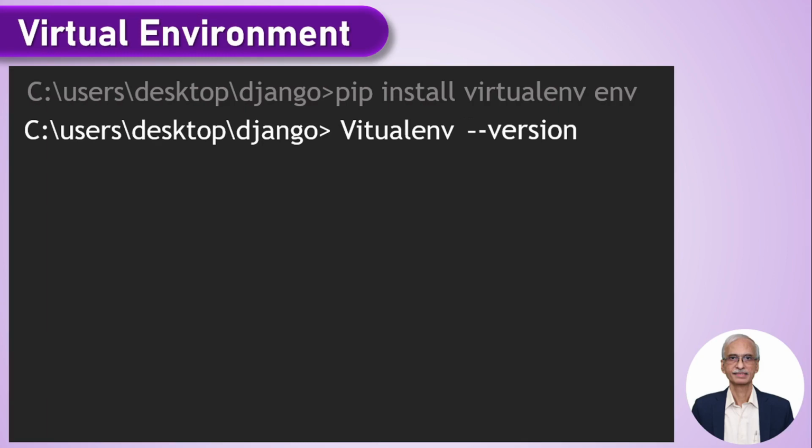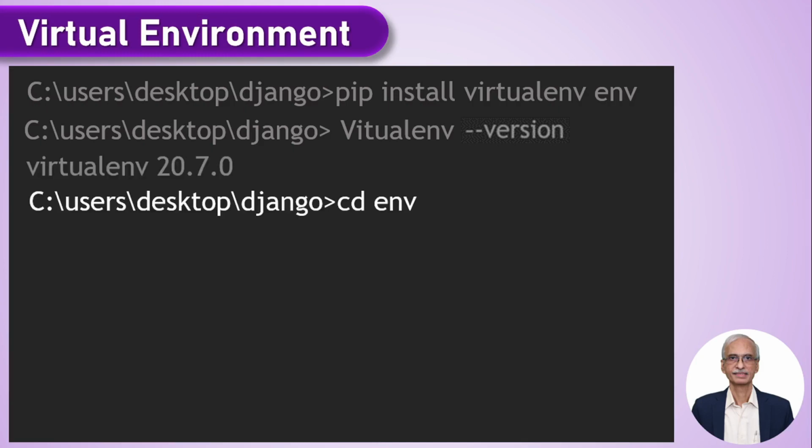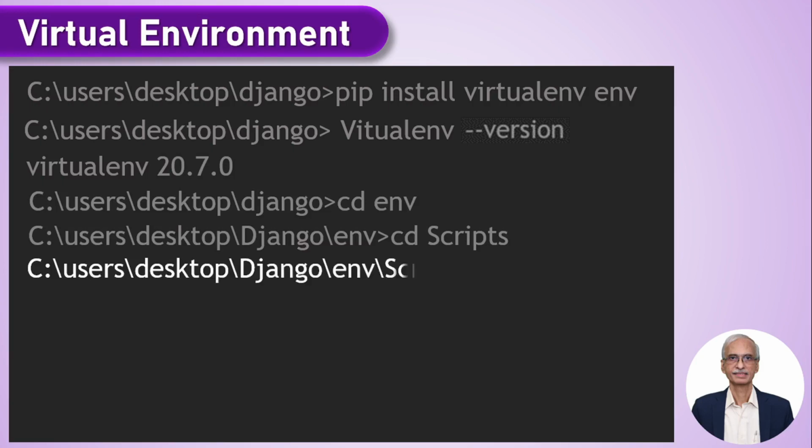Once this is done, that is 20.7.0 in this case, the version number appears. Once this is done, go to the Scripts folder and type activate. Enter cd Scripts, and then activate.